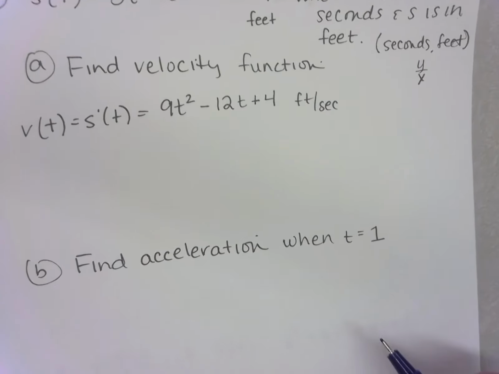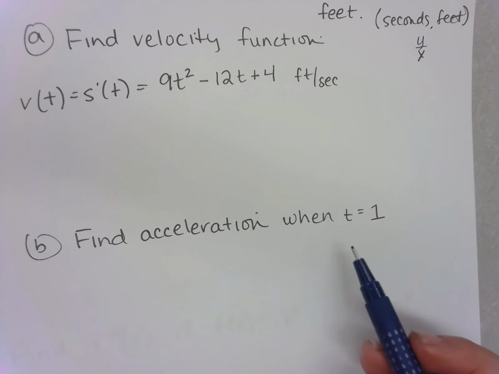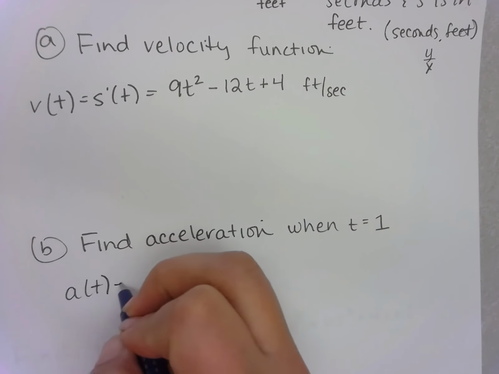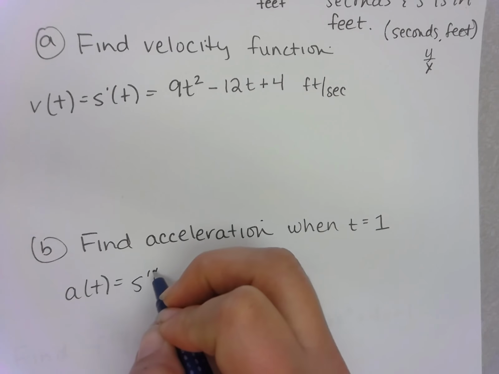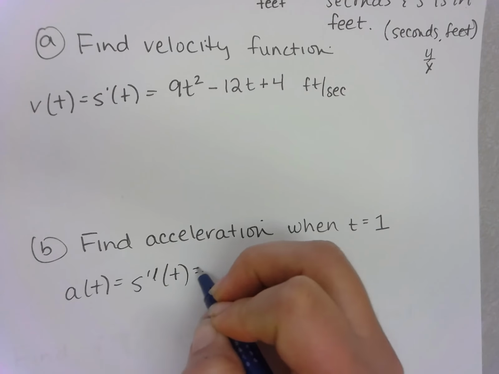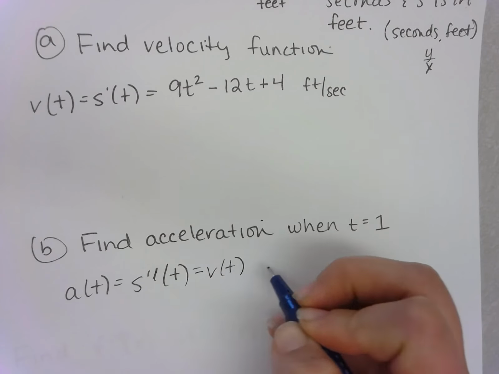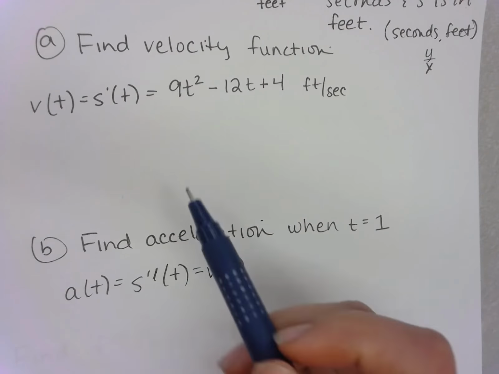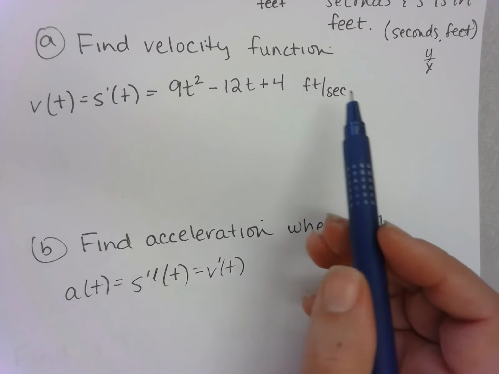Okay, so let's find the acceleration when t is 1. So a of t is equal to either s double prime of t or v prime of t, I should say. So we're going to just take the derivative of this and get v prime.